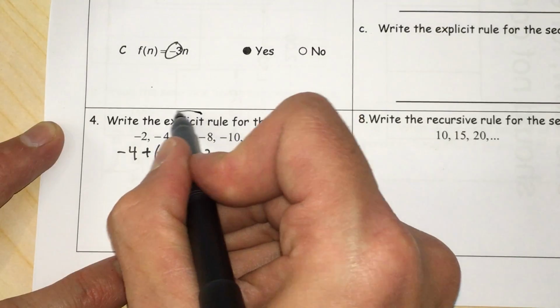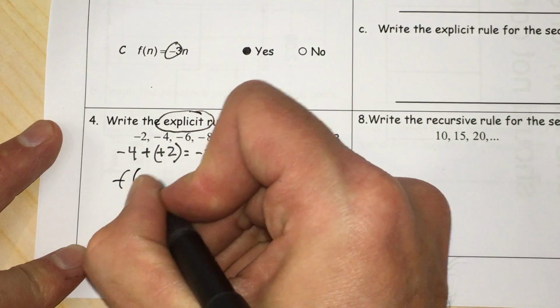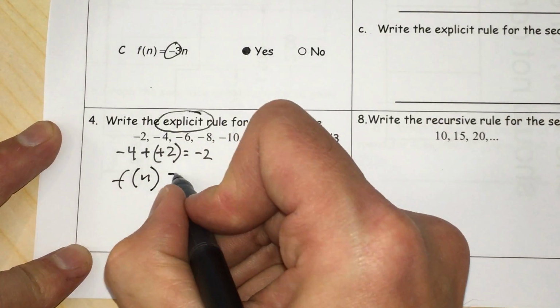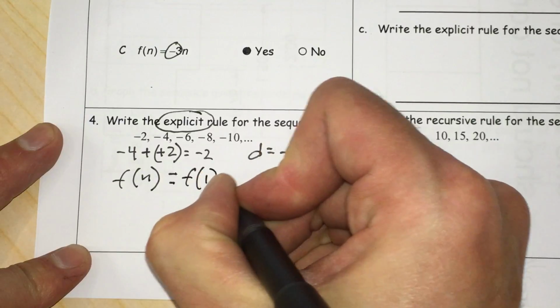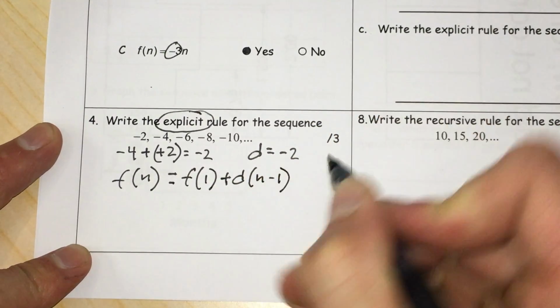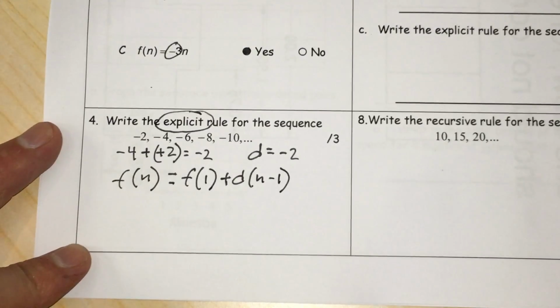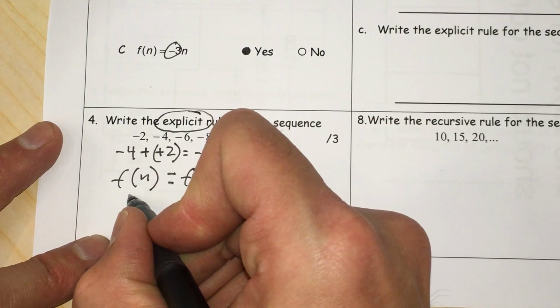And I'm looking for the explicit rule, so that's f of n equals f of 1 plus d times n minus 1. If you don't write the rule in the test, I'm not worried about that. I'm just writing it out here so you can see exactly what I'm using. What I will require on the test, though, is this part down here.